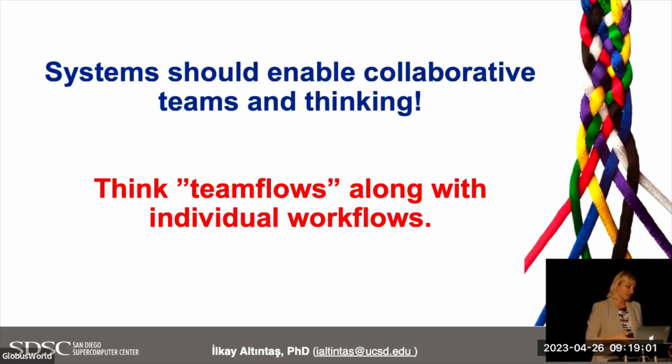So I think we need to think in that sense, not just workflows anymore. I refer to that as team flows. Every component needs to have an owner-enabled team thinking, and talk about accountability between team members, not just performance of each step, like we did before, or accuracy, scientific accuracy, integration components.